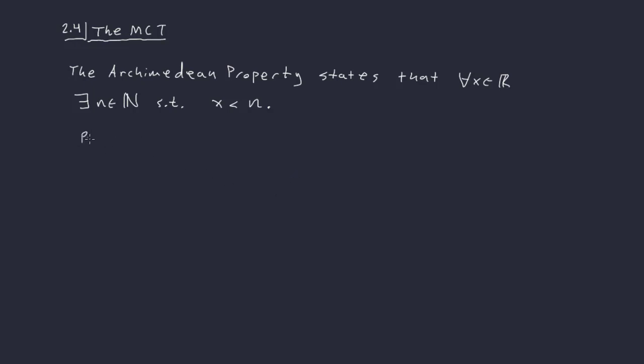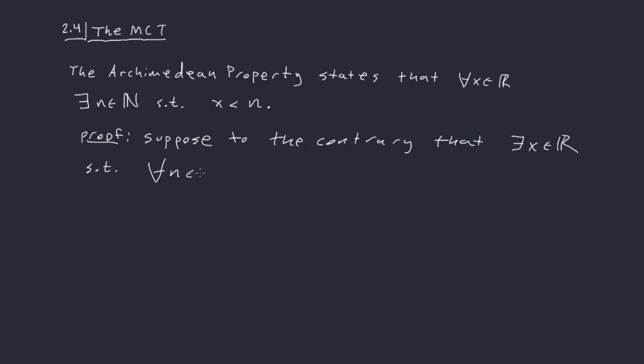So what we did is we would suppose to the contrary that there exists an x in the reals such that for all n in the naturals, x is greater than or equal to n.